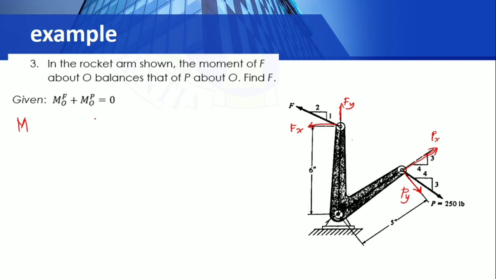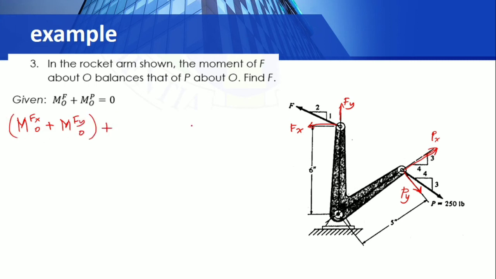So, as we said in Varignon's theorem, the moment of F about O is also equal to the summation of the moments of its components. F of X about O and F of Y about O. Okay? So the moment of the force about O is equal to the moment of its components. So that will be the moment of our F of X at O plus the moment of our F of Y at O. Okay?